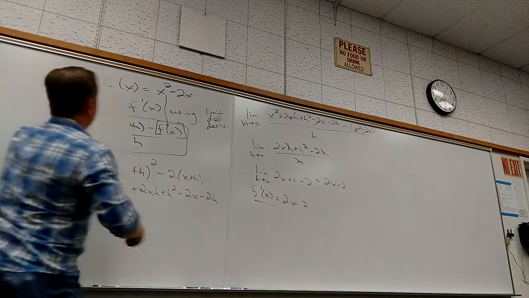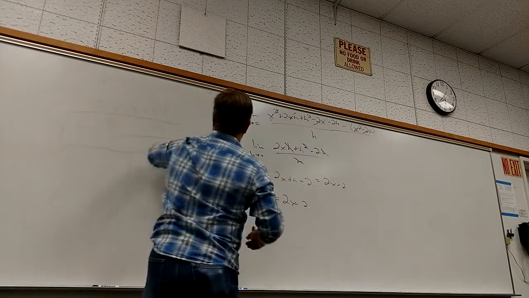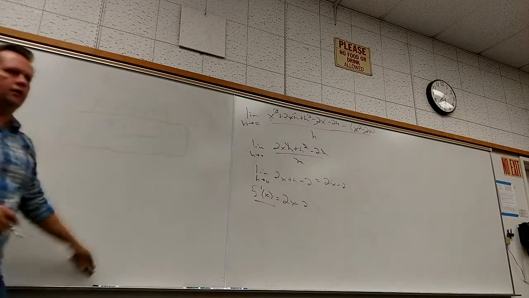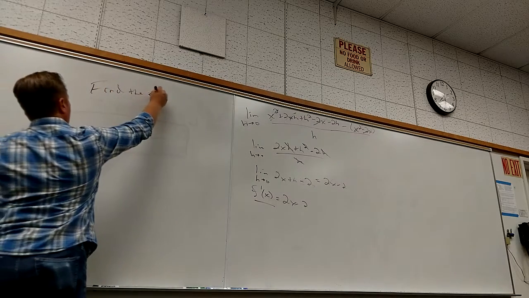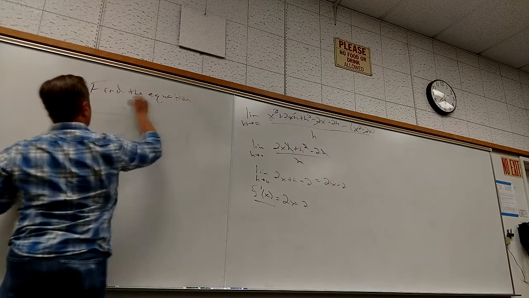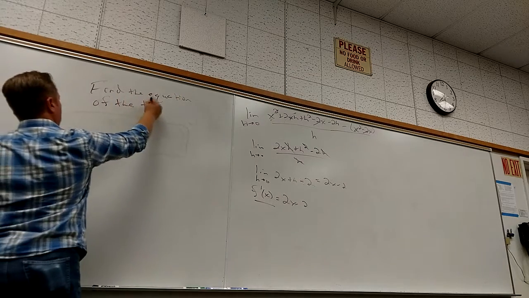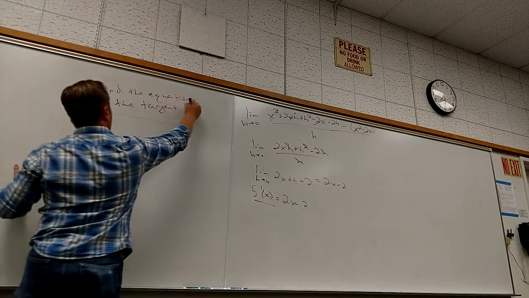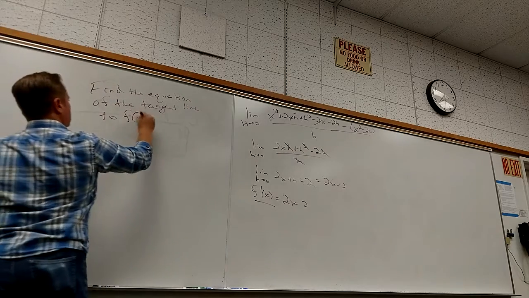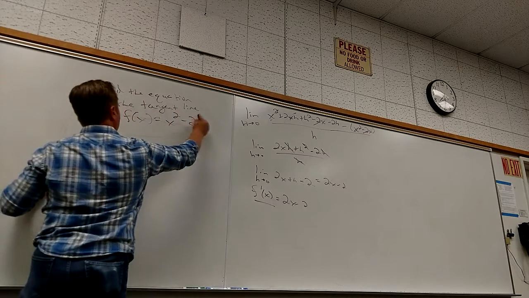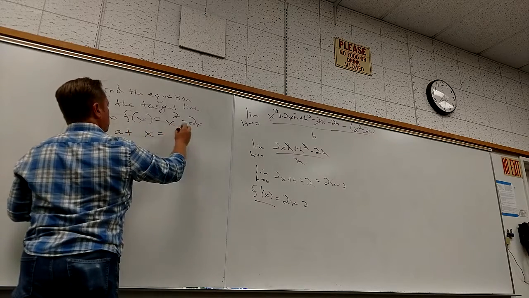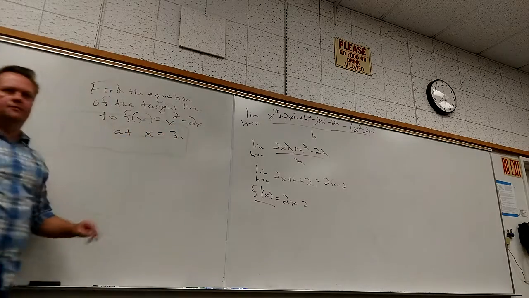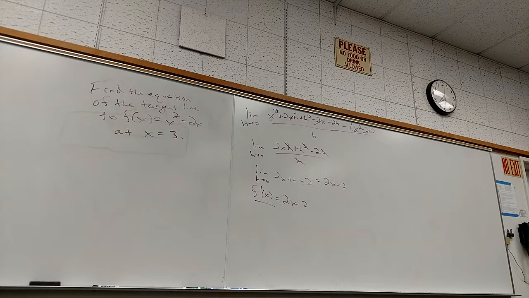So let me ask you this. This is a question that you're going to see a lot. This type of question right here: find the equation of the tangent line to f of x at x equal to, let's say, 3. Do you remember from algebra?